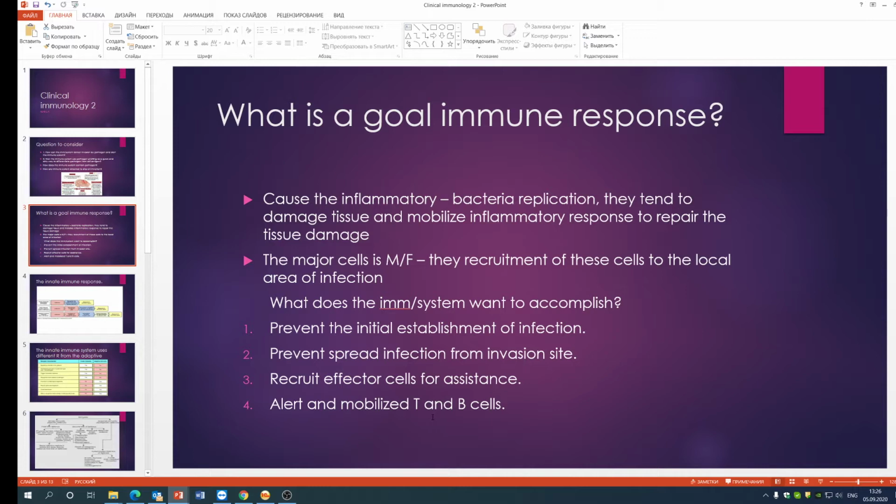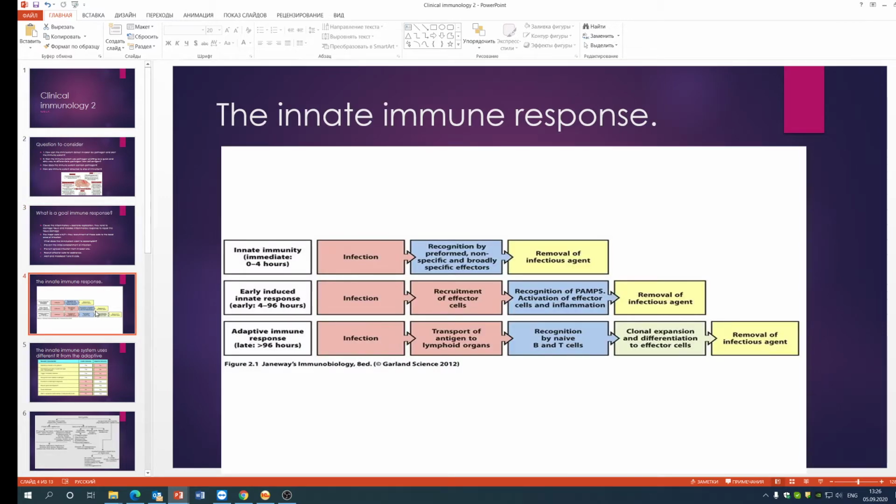So, the innate immune response has multiple layers. The happy end of this reaction is removal of the infectious agent.